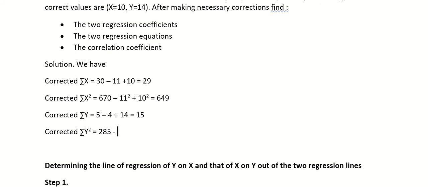Now we will deduct the wrong value, that is 4 square, plus 14 square. The right value is 14, so we add 14 square, right? So the answer we have obtained is 465. So now we have calculated corrected x square and corrected y square.